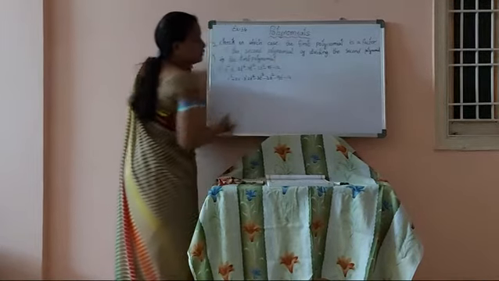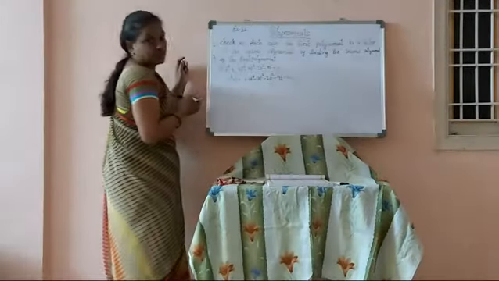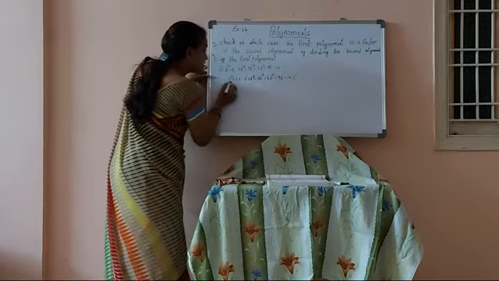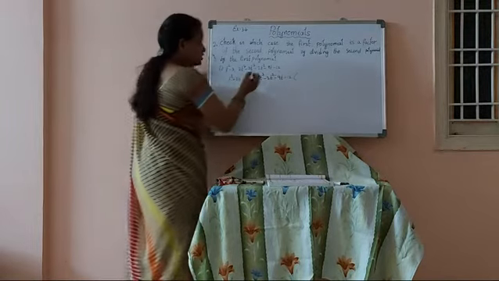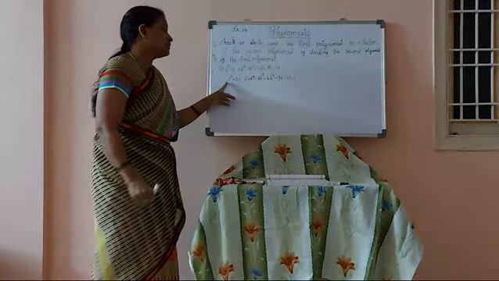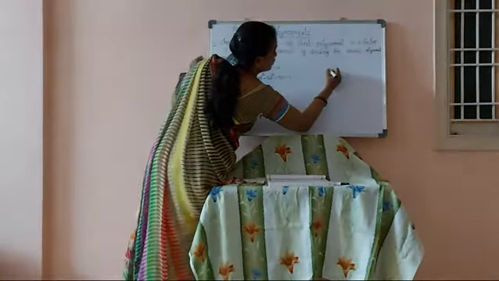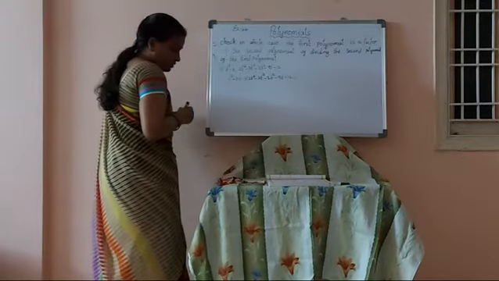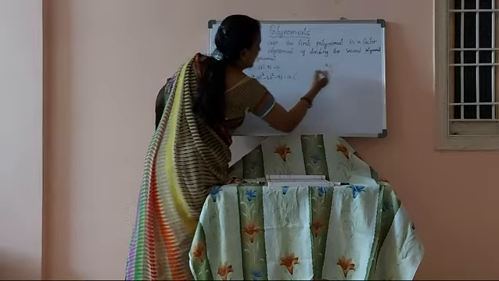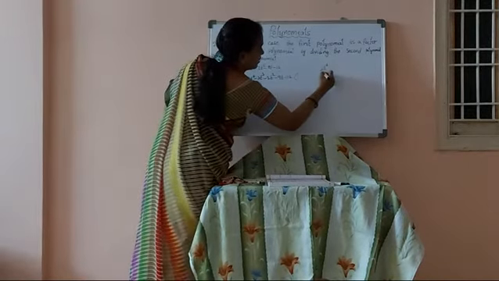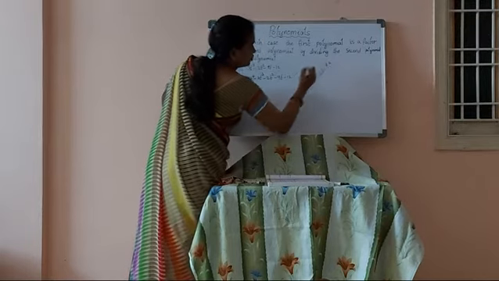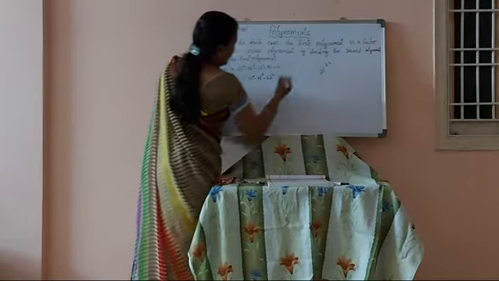As we discussed in the previous session, you have to divide the first term of the dividend by the first term of the divisor. See here, 2t power 4 by t square: you will get 2t square.